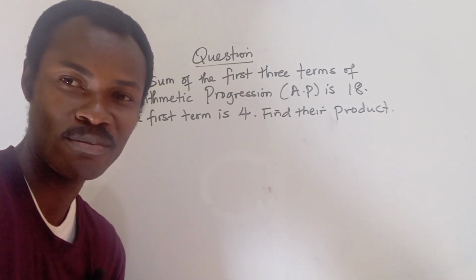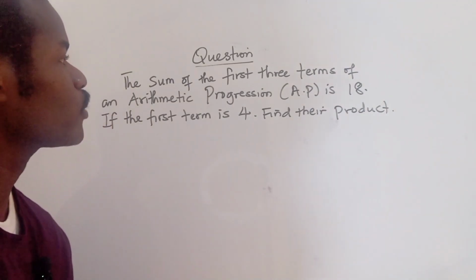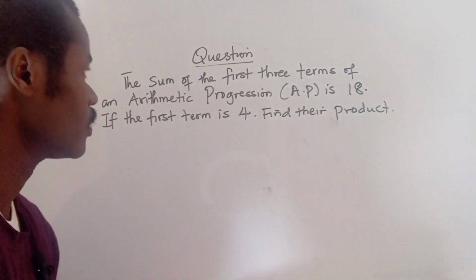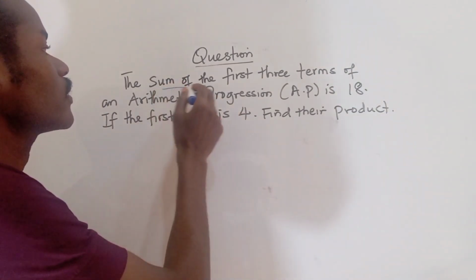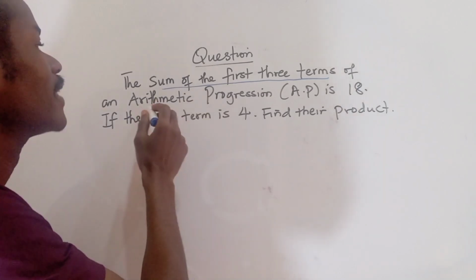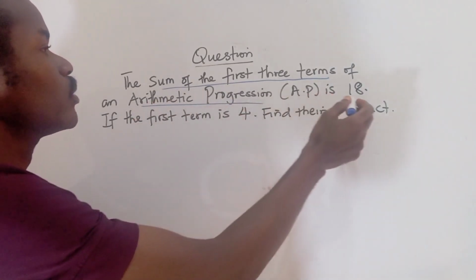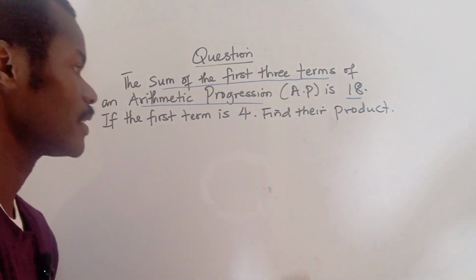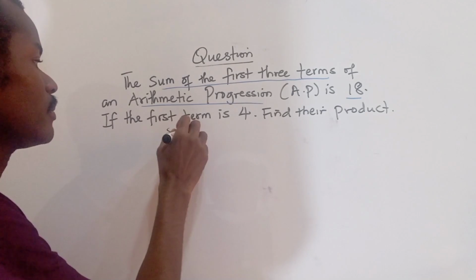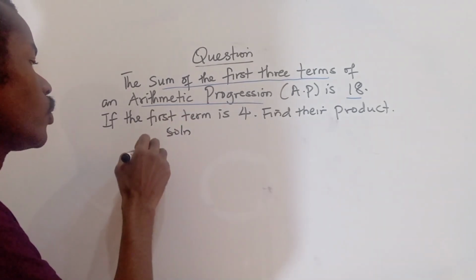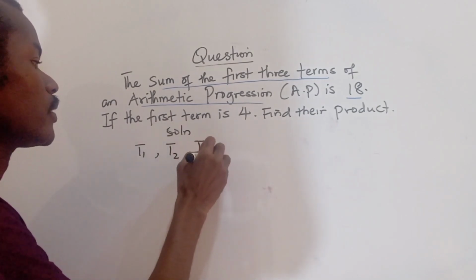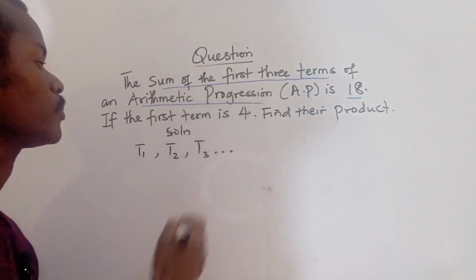Alright, so we have this problem that says the sum of the first three terms. So what does that mean? The sum of the first three terms of an arithmetic progression is 18. So for instance, let's say we are given the terms as T1, T2, T3, and so on.